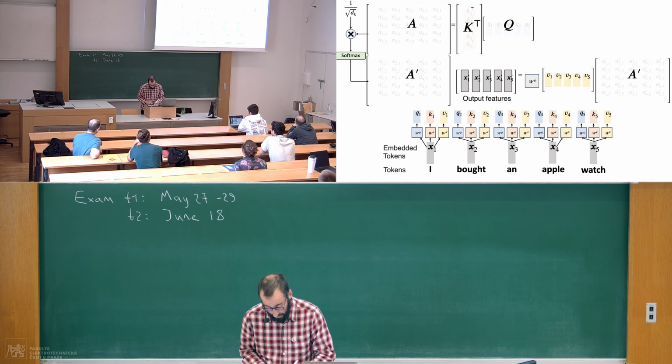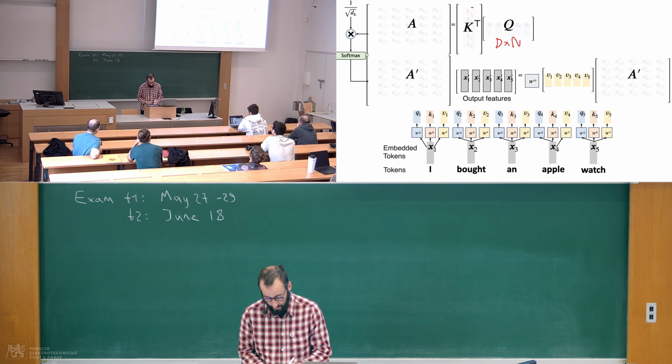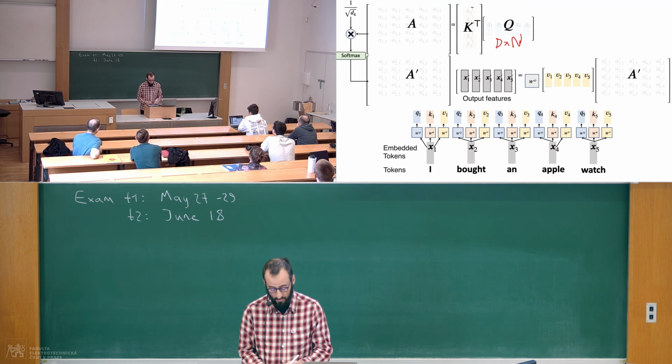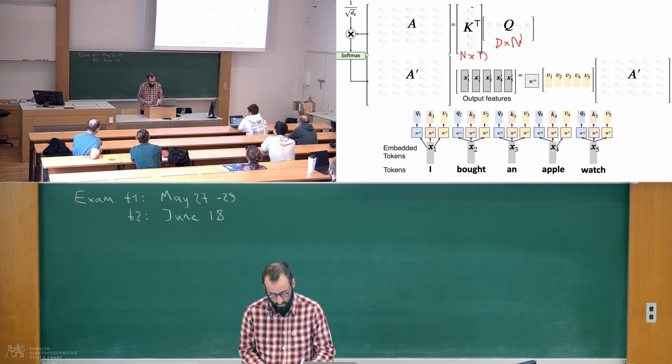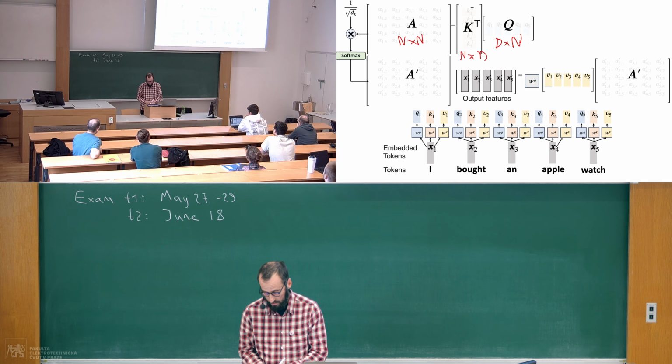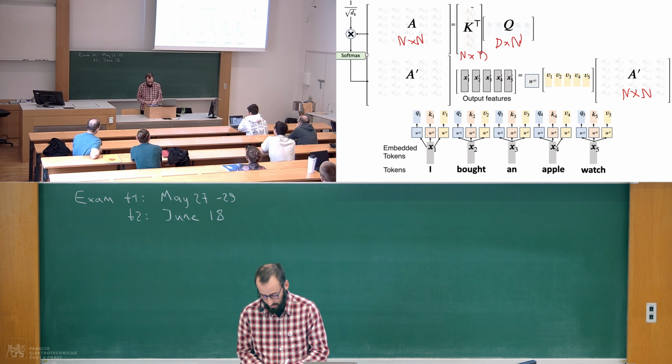Maybe we can write things down here: this is d times n if we have n tokens. The keys are also d times n. Here essentially they're getting transposed. This is n times n. Here n times n, d times n. We can ignore the WO guy for a little bit. d times n.